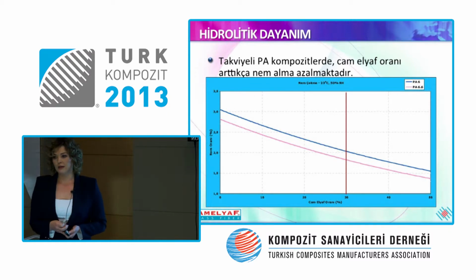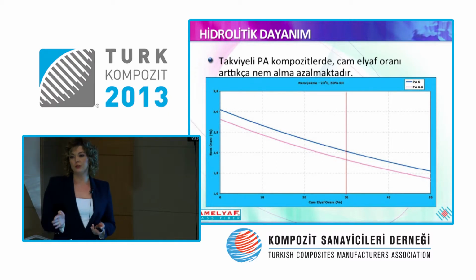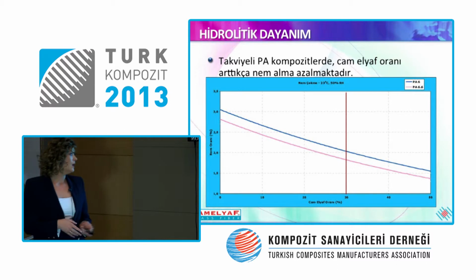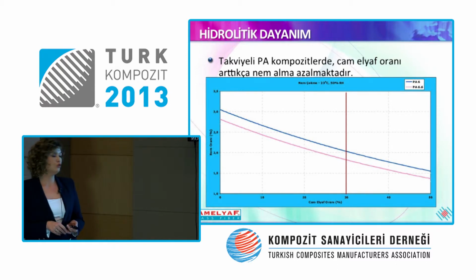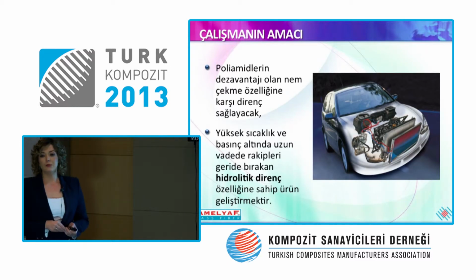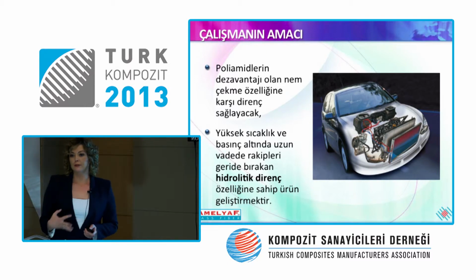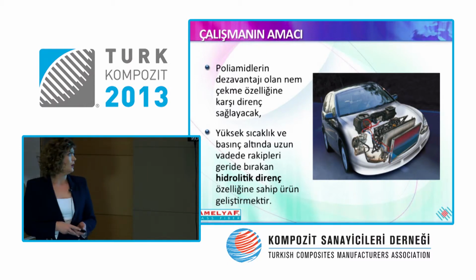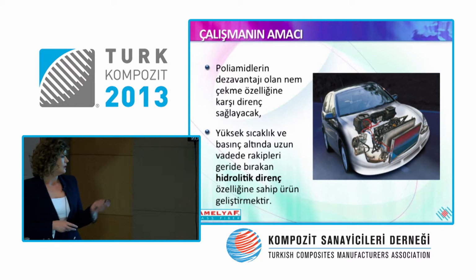To overcome these disadvantages, the idea is to increase the ratio of glass fiber, because this is going to lower the moisture absorption. But 30% is the most commonly used ratio for glass fiber in the sector, and this is why this is not a very preferable choice. In order to eliminate this effect, we have developed a product for chopping.